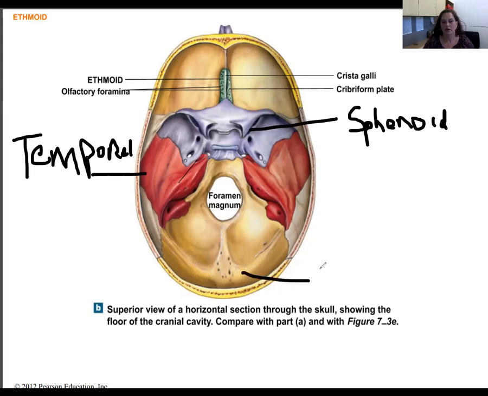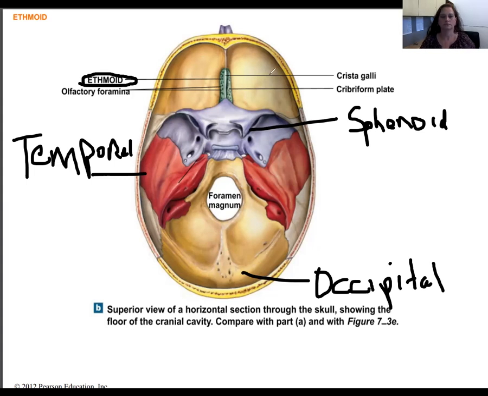Then this bone back here is my occipital. And then up here in green is my ethmoid bone. You do have to be able to identify all those parts from seeing this skull opened up, where we've taken the top off of the skull and we're looking inside of it. Okay.